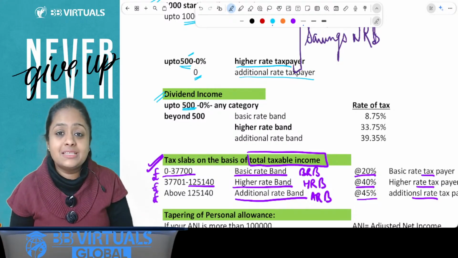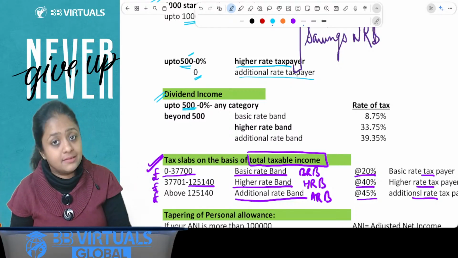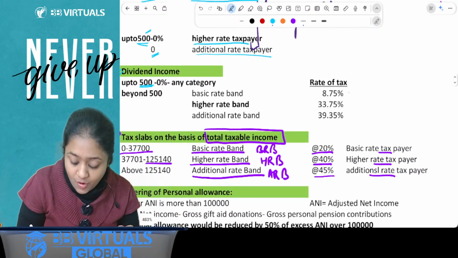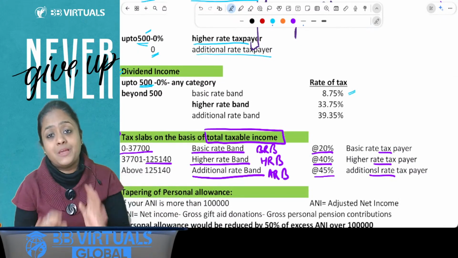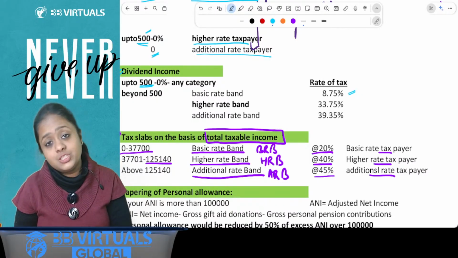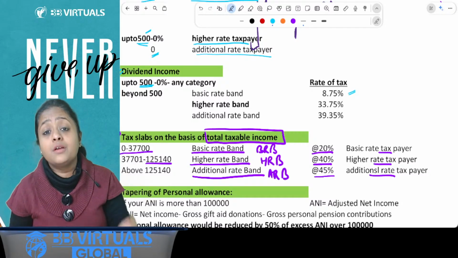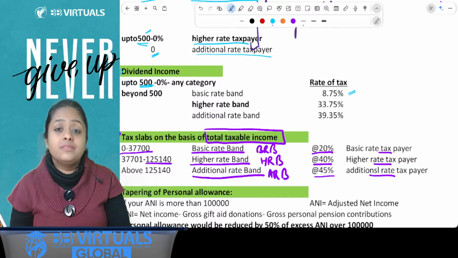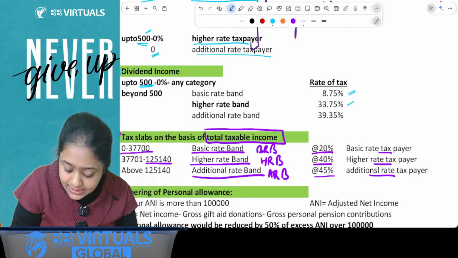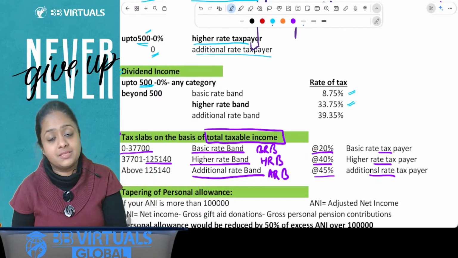The special rates are: if you are taxing dividend income in the basic rate band, then the tax rate will be the lower rate of 8.75%. Dividend income is always taxed at special rates. If you're taxing dividend income in the higher rate band, the tax rate is 33.75%, again a lower rate as compared to 40%.